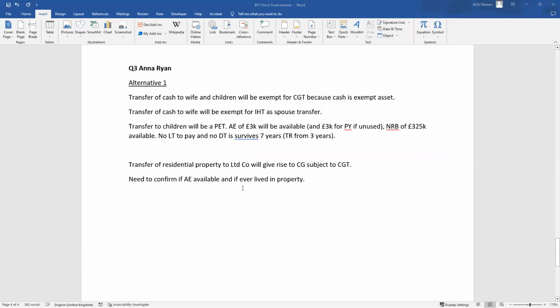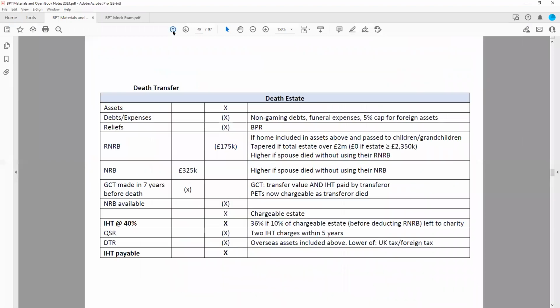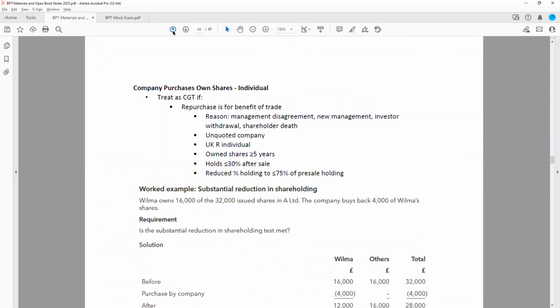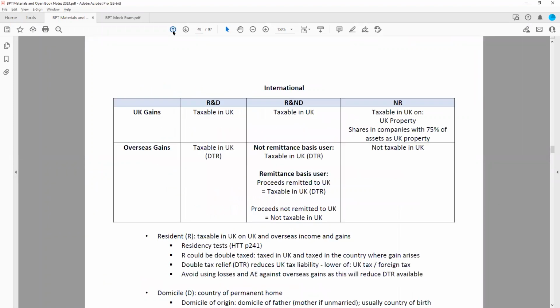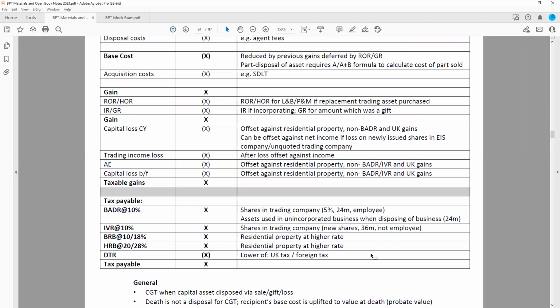We know that she's an additional rate taxpayer, so therefore we're paying CGT at the higher rate. So just use the relevant rate for that, which of course we would be looking at 20%, 28% here for CGT. Just remember that there's additional rates for residential property.